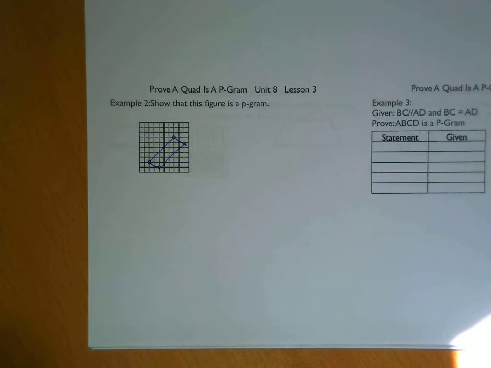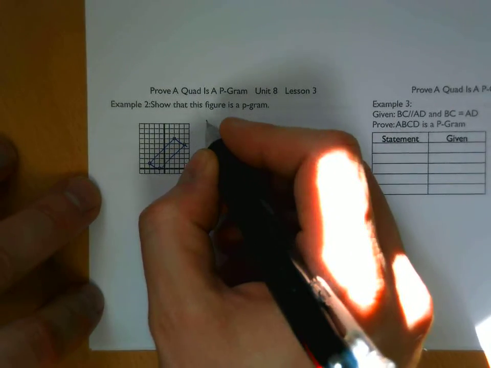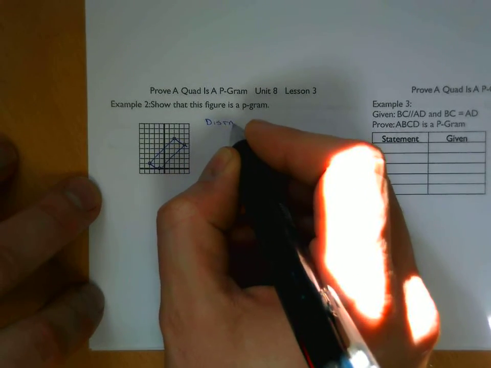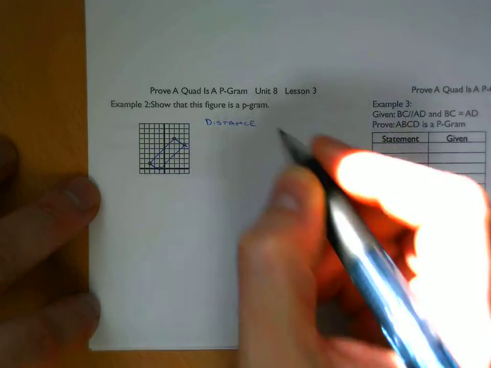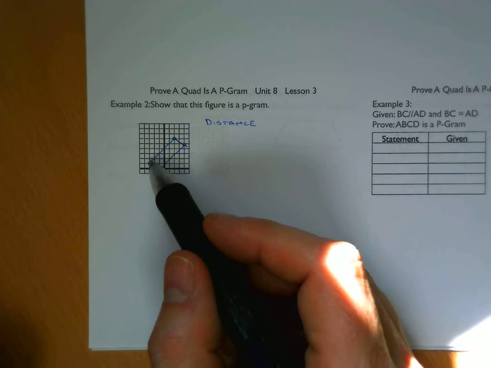Some of them might be more convenient than others. Remember the 3 major formulas that you're going to use whenever you're dealing with coordinate proof stuff. You've got the distance formula. If I wanted to prove that the opposite sides were congruent, I could calculate the distance of each opposite side and show that they were the same. That might take a while, but we could do it.